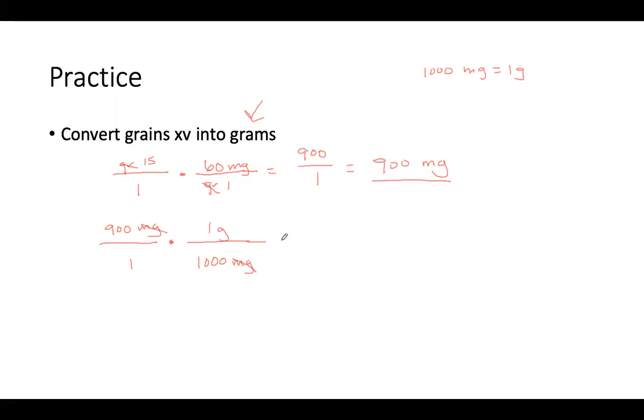So those will cancel out. 900 times 1 is 900. 1 times 1,000 is 1,000. And our unit that we're left with is grams. So now when we simplify this fraction, and we're getting into grams, right? So this is a metric unit. So our metric units are going to be decimals. We're going to be left with 0.9 grams. So this was our 2-step conversion here.